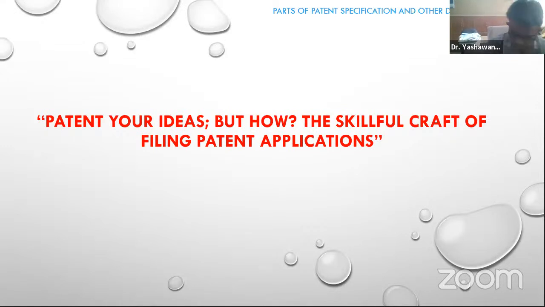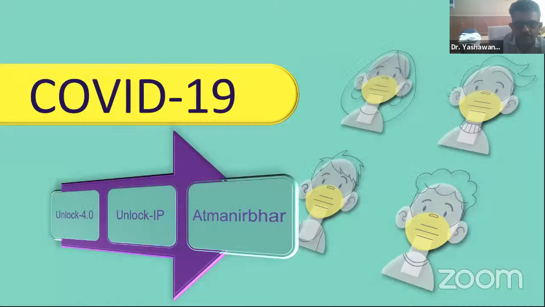Let's begin. We are at the moment in Unlock 5.0. At the same time, when we are unlocking from the pandemic, I think we should unlock intellectual property rights also. How can we unlock intellectual property rights? Let's learn how we can unlock technologies from patents and patent documents.